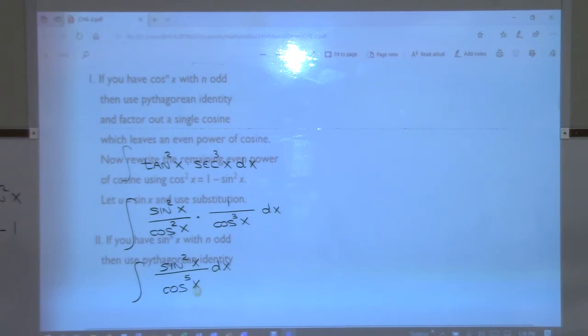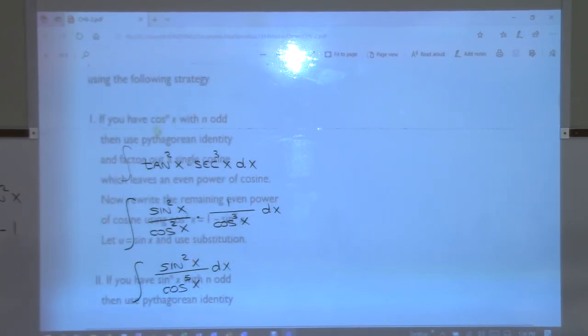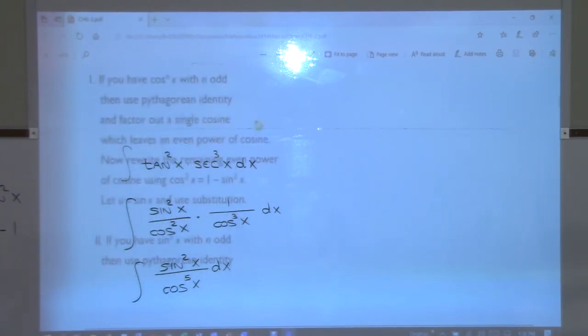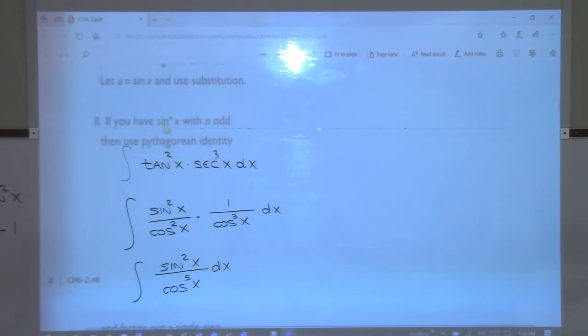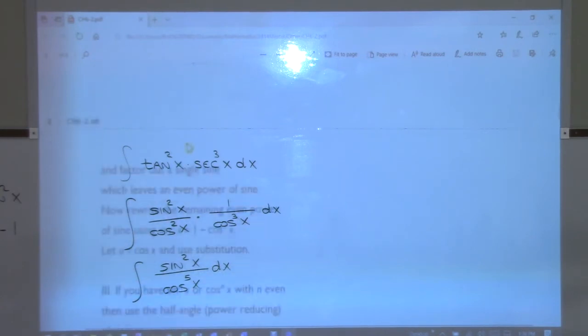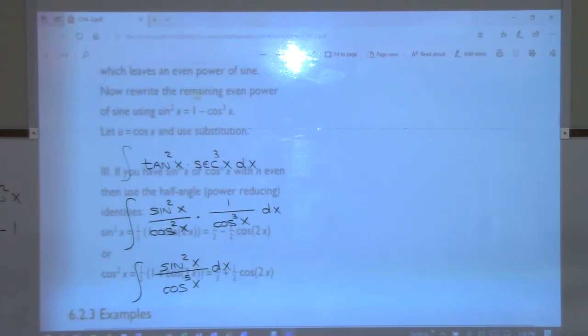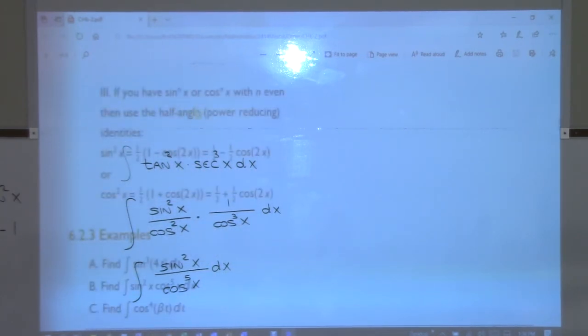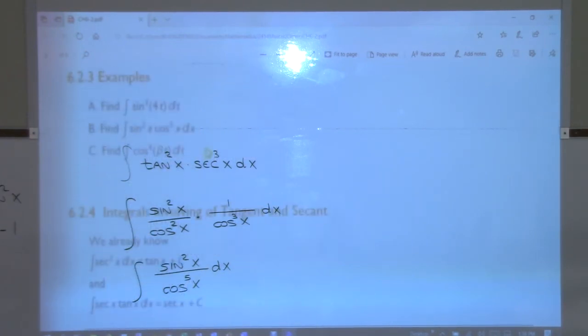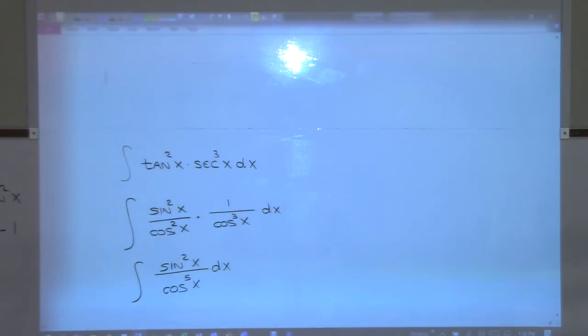That's not quite the same, because look at the way this is written, it's cosine to the n, and we're assuming that's up in the numerator. Do we have sine to an odd power? No. What if one of them is even? You have to use half-angle identities, so this one's a bit messy.